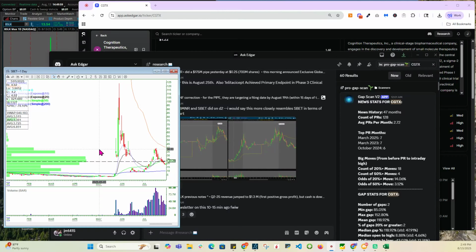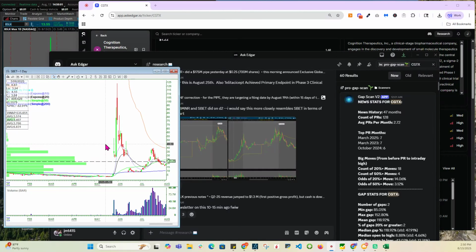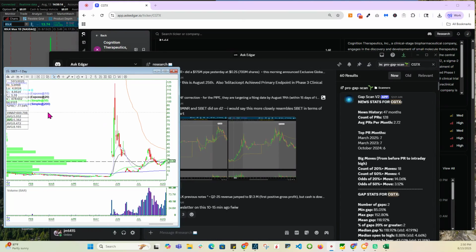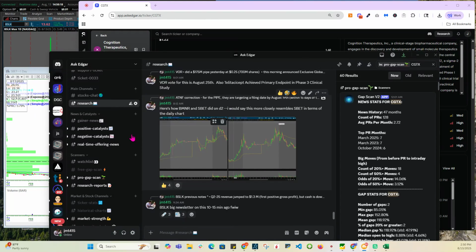Basically, they were closer to filing the registration for the private placement, which actually came about a week or more after the run up, and it happened right here with this gap down. But ultimately, I determined that SBET was the closer example.